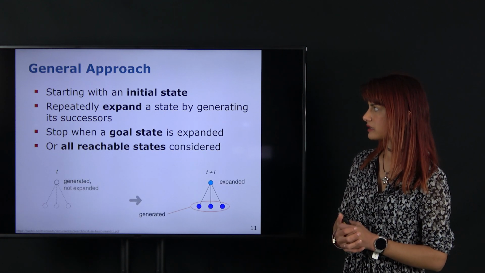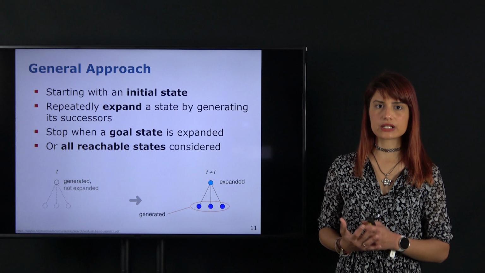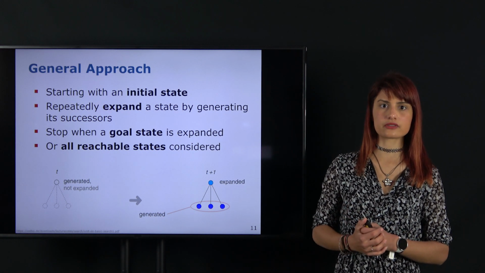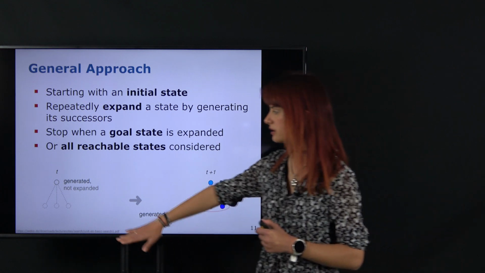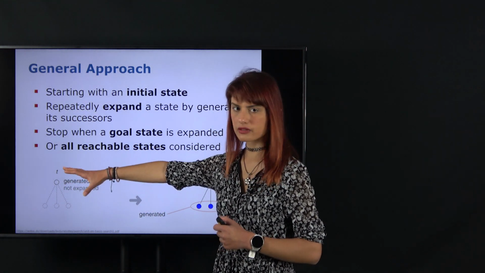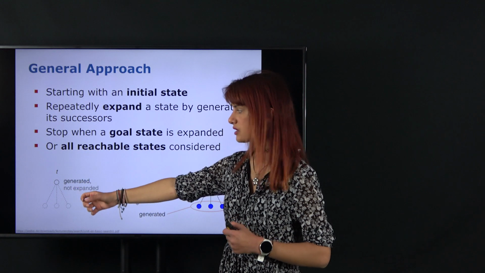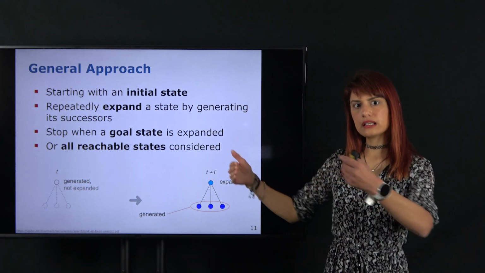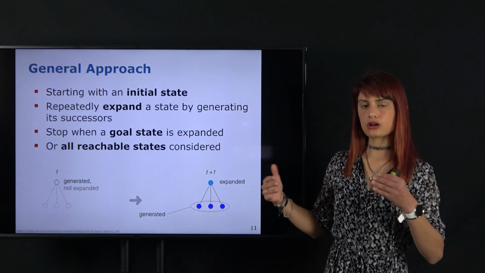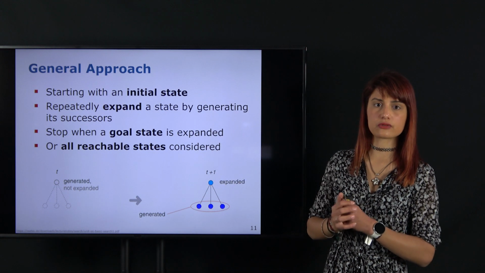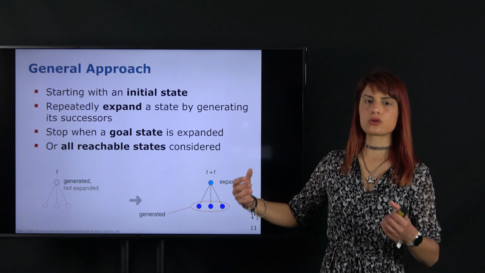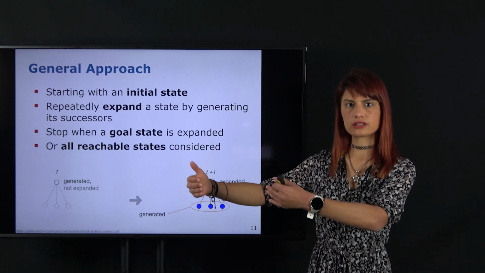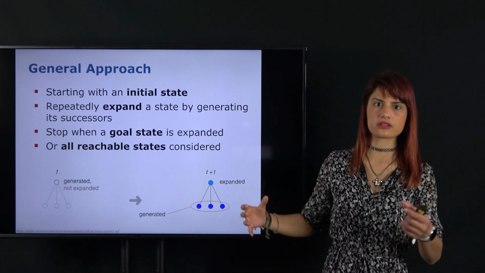Here's a visualization of the concepts of generation and expansion in reference to nodes or states. So when we expand the parent of a node, we generate it. So that node is like at the leaf or the frontier of our search tree. Let's say if we're starting from the start and we're branching out, the nodes that were most recently generated would be the last ones, or the ones on the frontier.